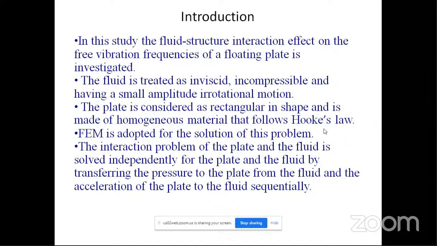If the applied frequency of the force coming to the structure, the plate or the platform, matches or comes closer to its natural frequency, then the disturbances are too much. So it is always tried to keep the applied frequency away from the fundamental or natural frequency of the structure or the platform.